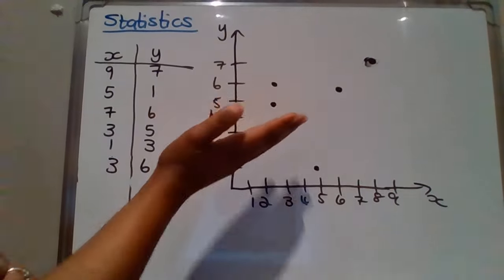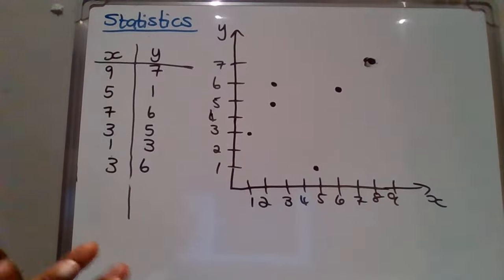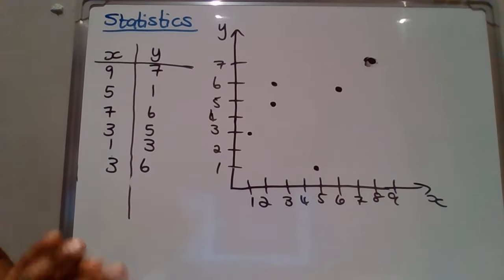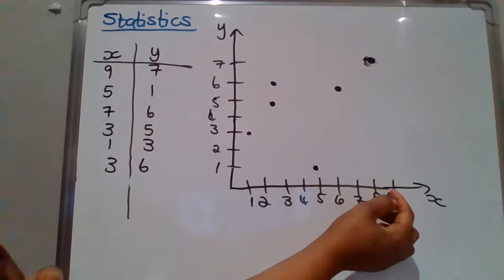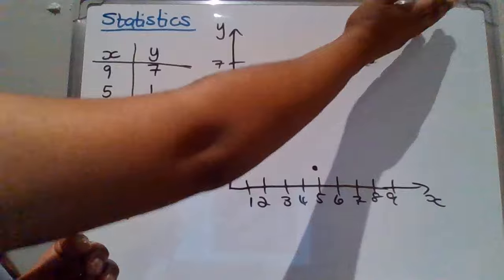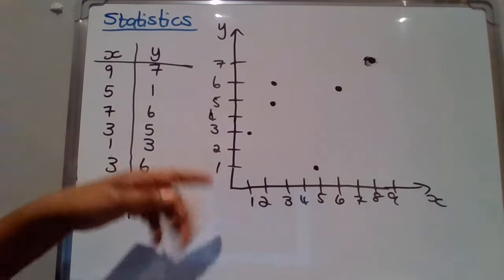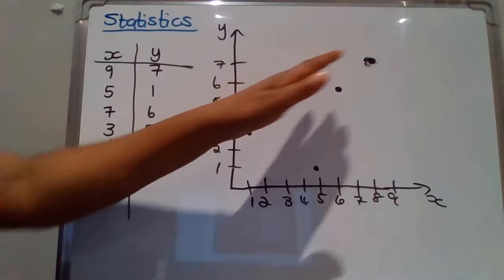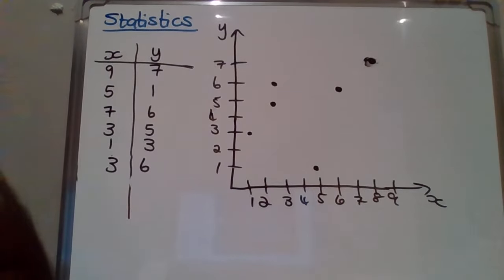They're going in an upward direction. With that, you're able to guess where, if X was 10, that point would be. It would probably be higher than 7, because you can see that as X increases, Y also tends to go upward.